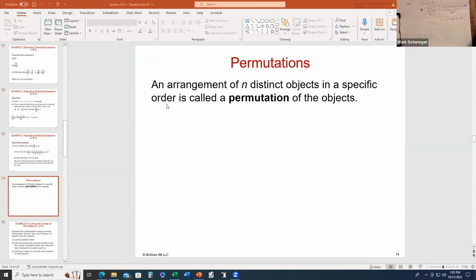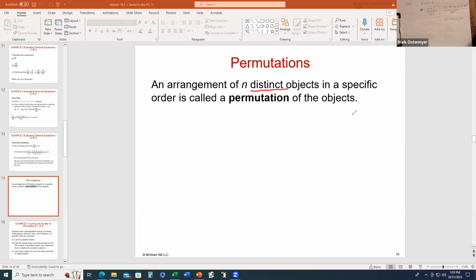A permutation is an arrangement of n distinct objects. What does it mean to say distinct? That the objects are distinct. What does that mean? N distinct objects.